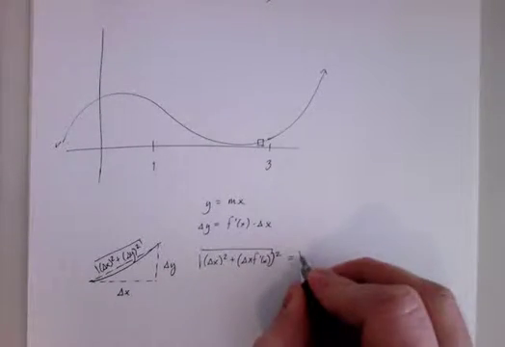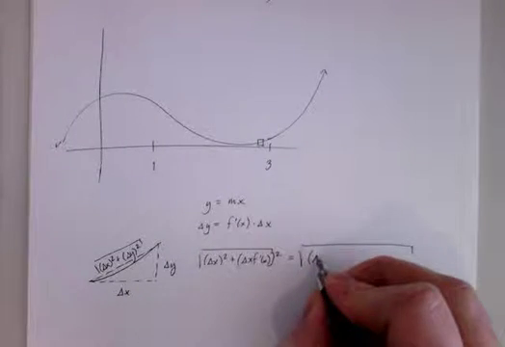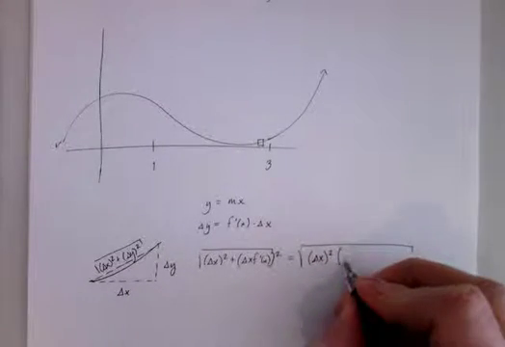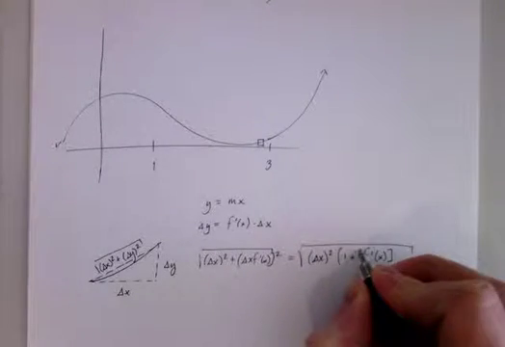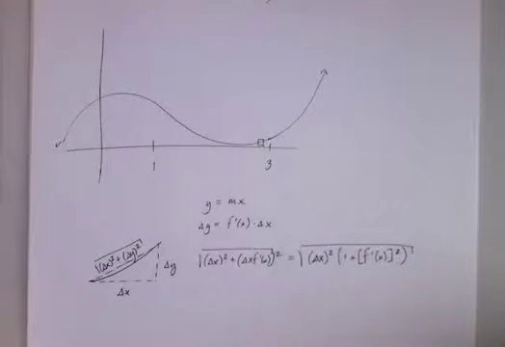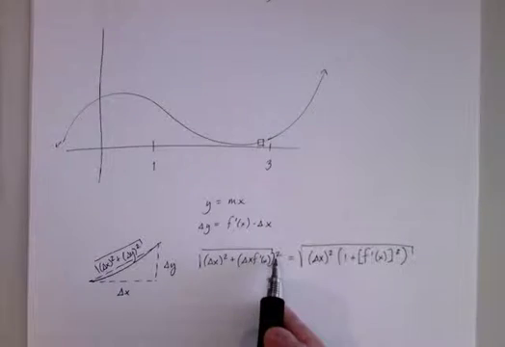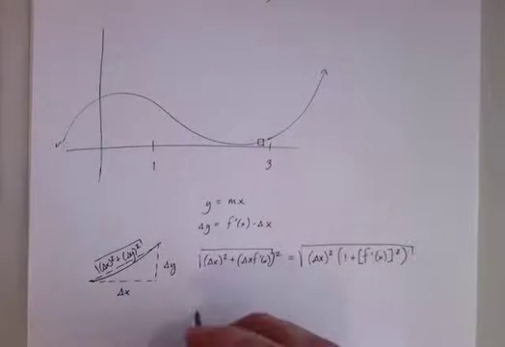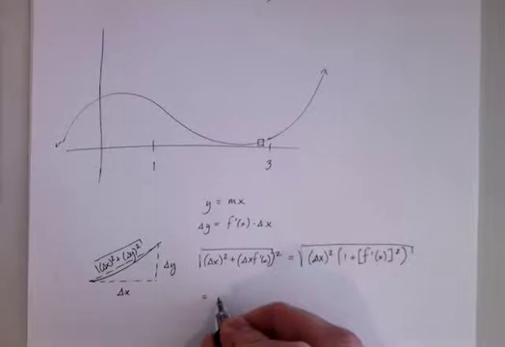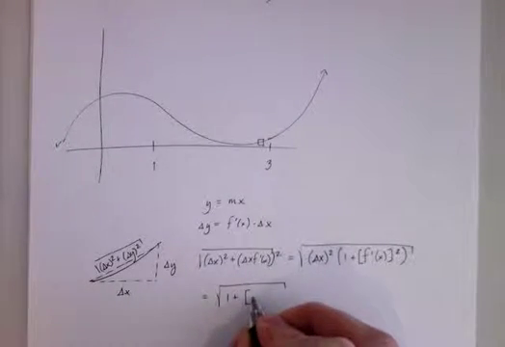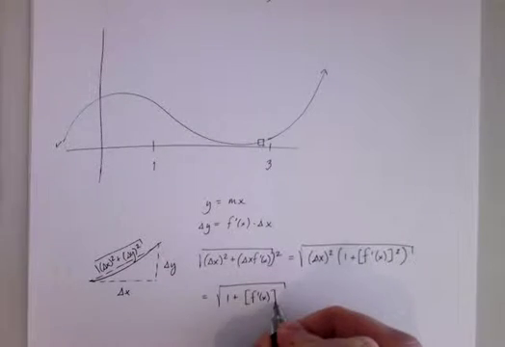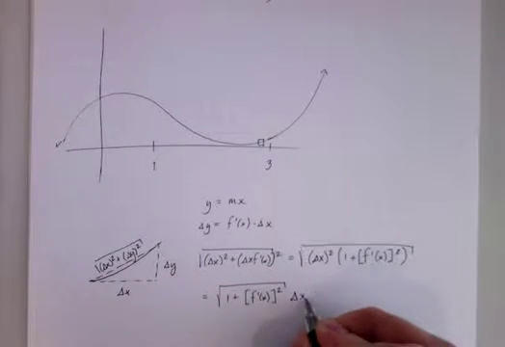Okay, well let's do a little bit of algebraic manipulation. Let's factor out the delta x squared, and you have 1 plus f prime of x squared, right? Because that squared applies to both the delta x and the f prime. And so we have the square root of 1 plus f prime of x squared, times delta x.